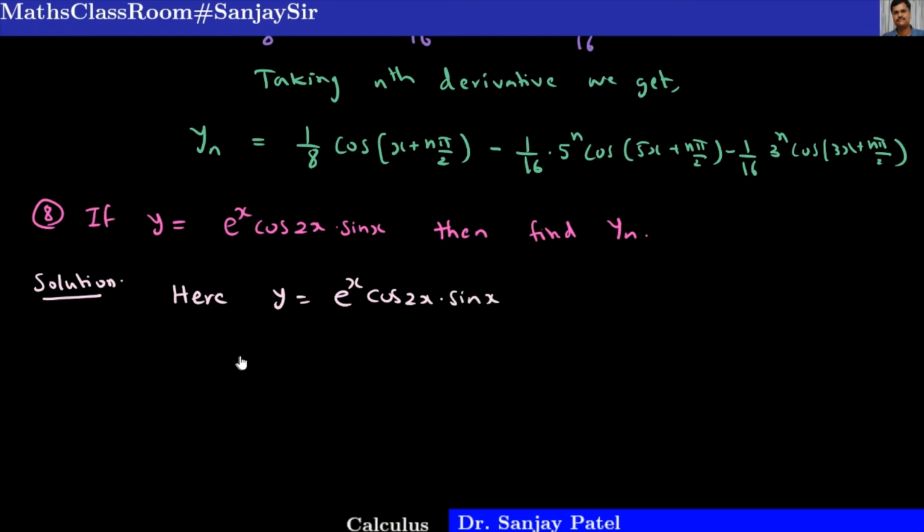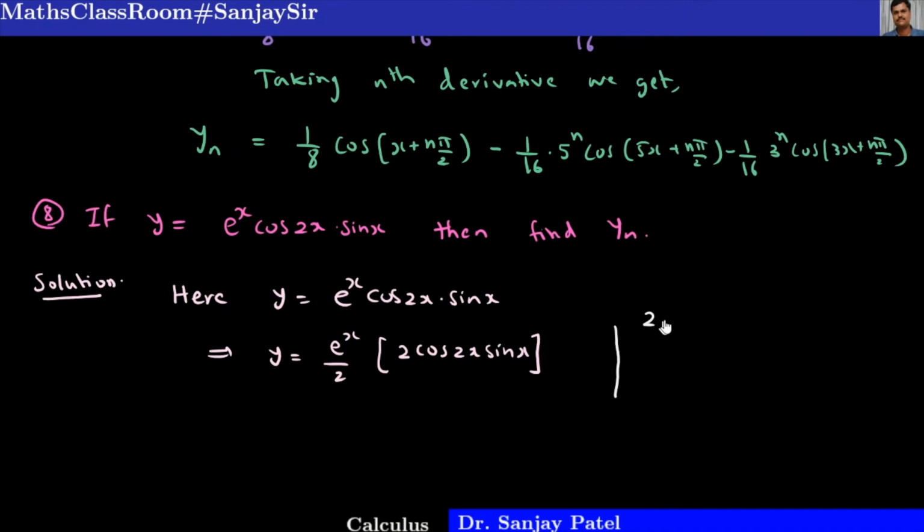Okay, this we can write as y is equal to, that is, multiply and divide this by 2. So what I will write here is e raised to x by 2 into 2 cos 2x into sin x. So we have a formula for this, 2 cos alpha into sin beta. And what is that formula?